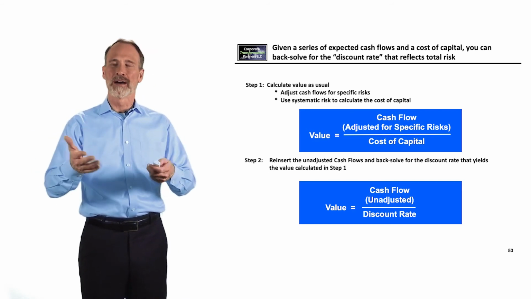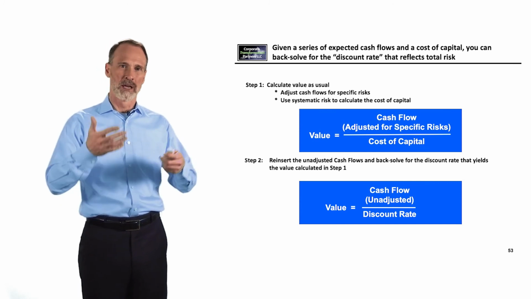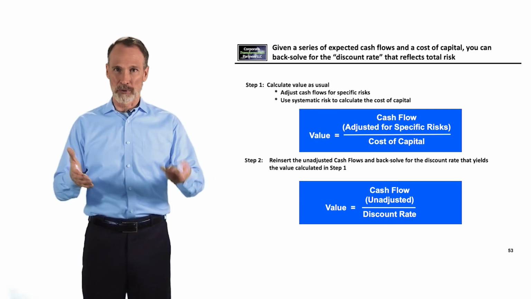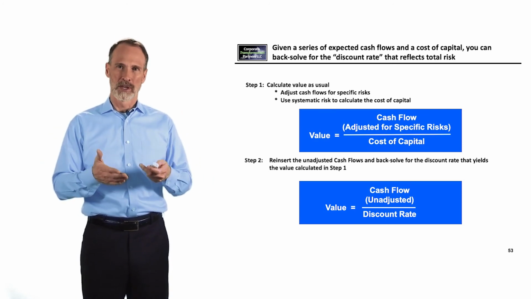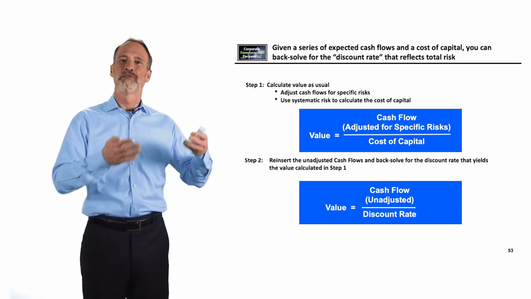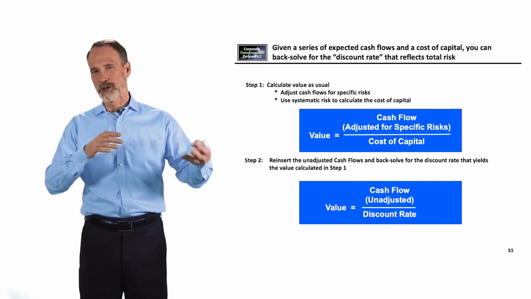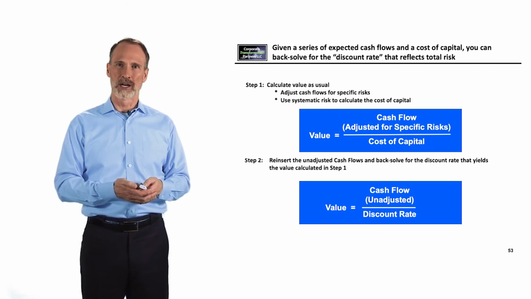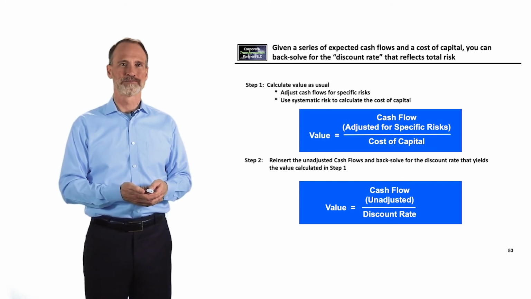So that's a way of building a bridge between the internally consistent and theoretically appropriate approach that we've demonstrated here for using risks and incorporating them into the cost of capital, and an approach that you might see in investment banking and elsewhere.